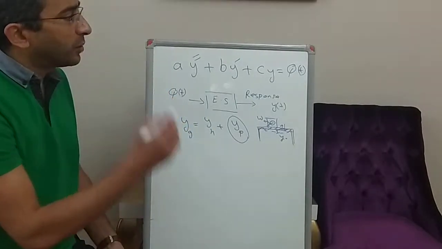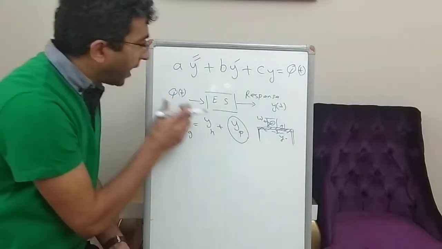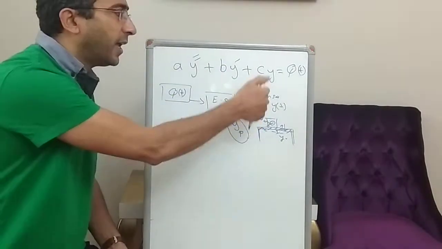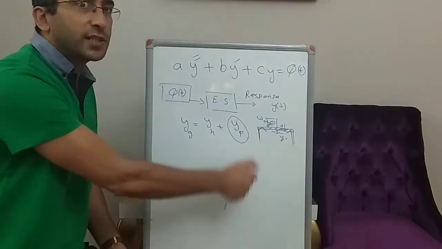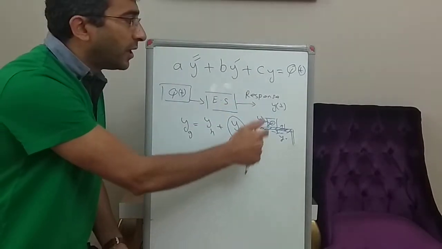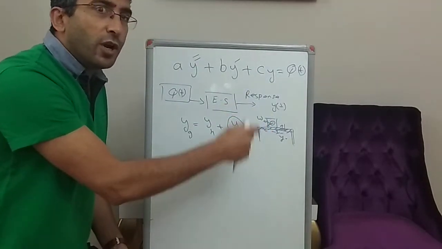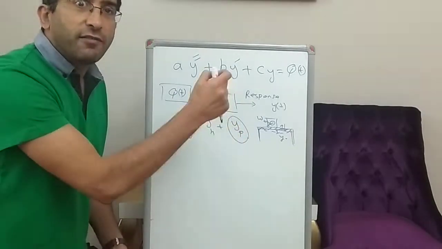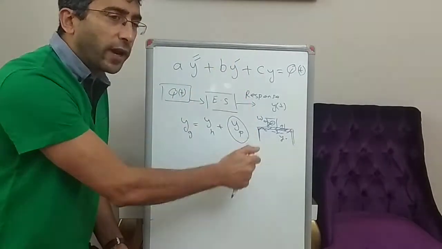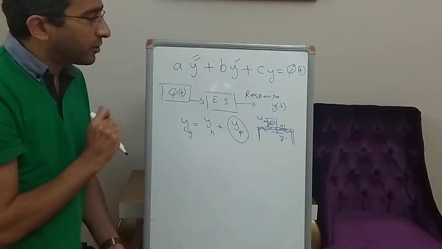The particular solution depends on the characteristics of the action force. If you apply a vibration on this slab at 5 Hertz, for example, this floor should move at 5 Hertz. So the same characteristics. It has no way but to move at 5 Hertz.